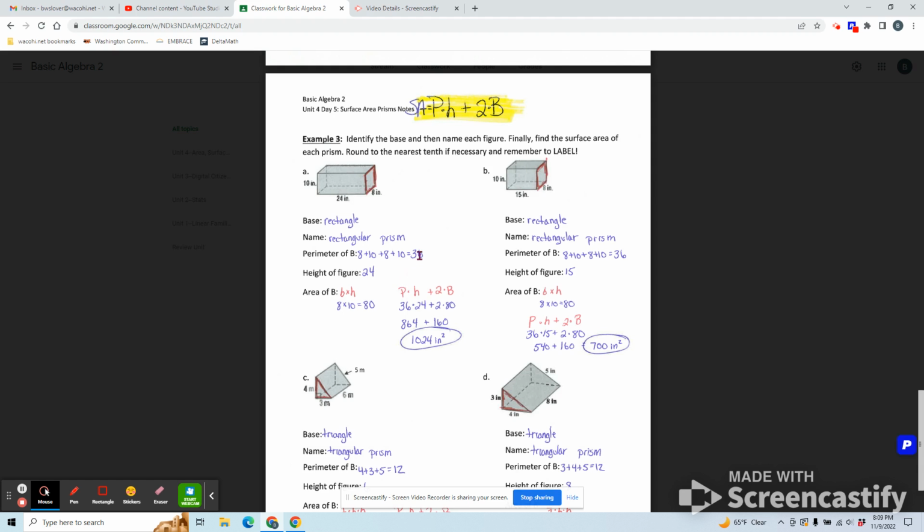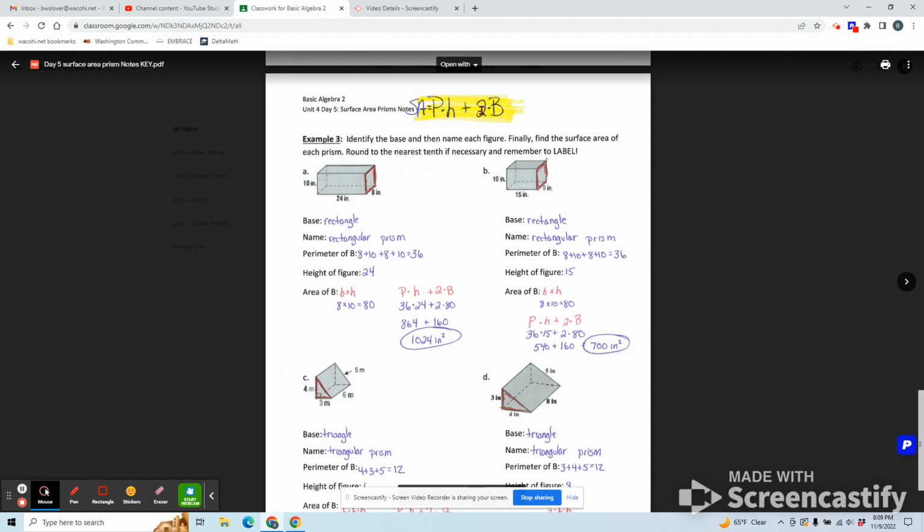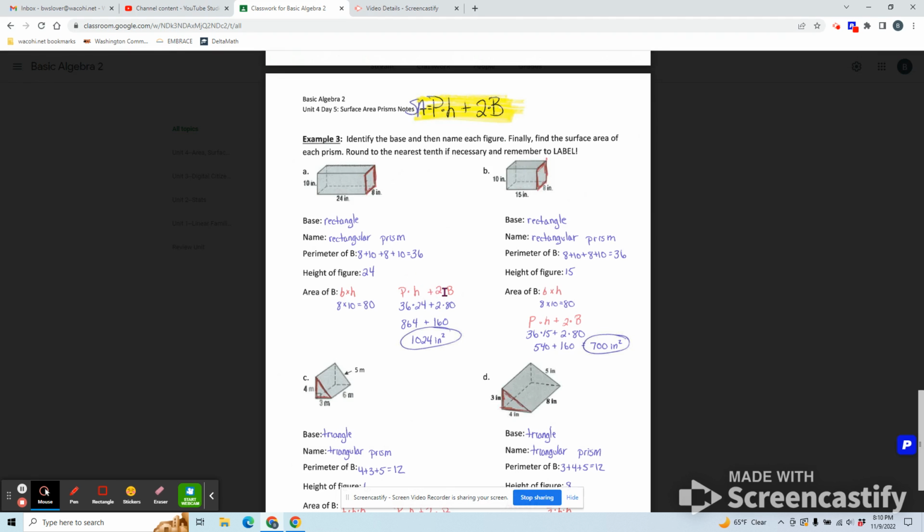The uppercase P, perimeter of the base, 36. The height of the figure, 24. Plus 2 is always going to be in this formula. Right? It says plus 2 times B. So 2 is there. And then times the area of the base, which we said was 80. So I get 864 plus 160. When I add them together, I get 1,024 square inches.